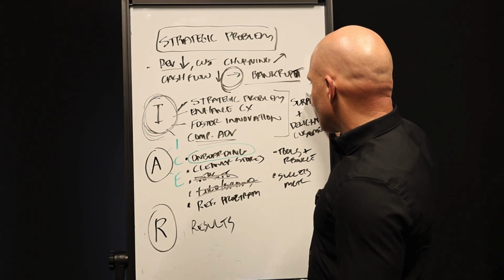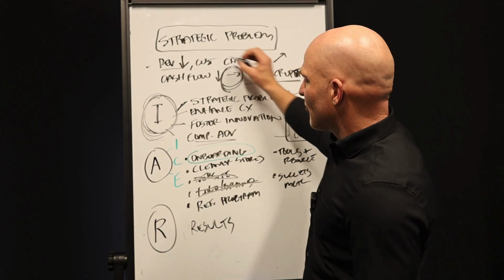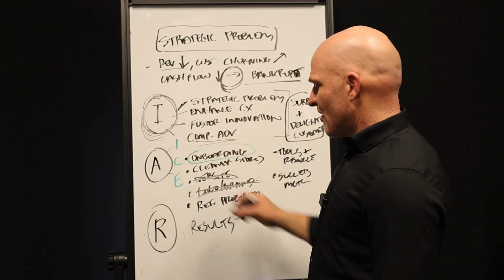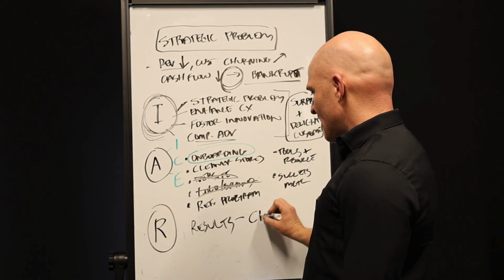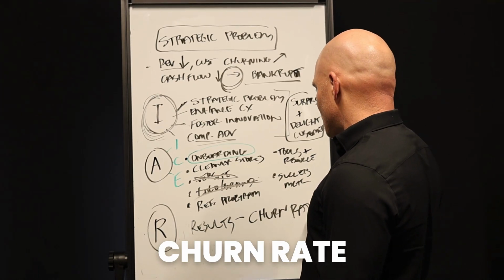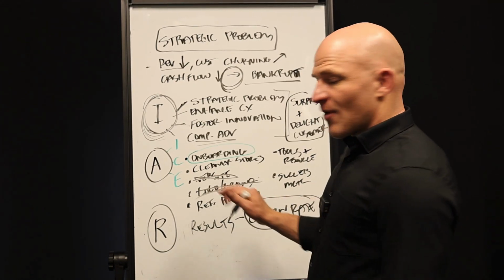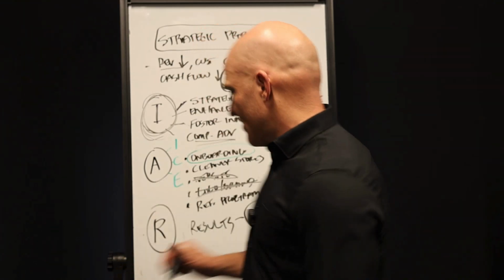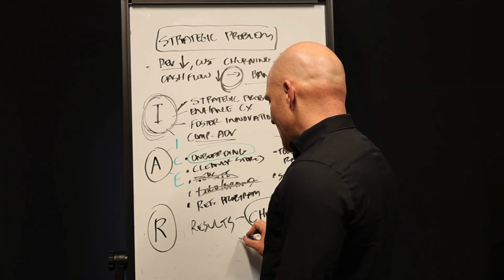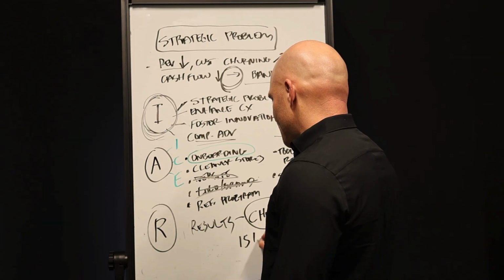So if I'm looking at surprise and delight, and I'm also looking at my strategic problem, perhaps one of the best measures for this initiative is my churn rate, how fast I'm losing customers. And so I'm going to pay very close attention to this. And let's just say for my business, it's currently at 15%.